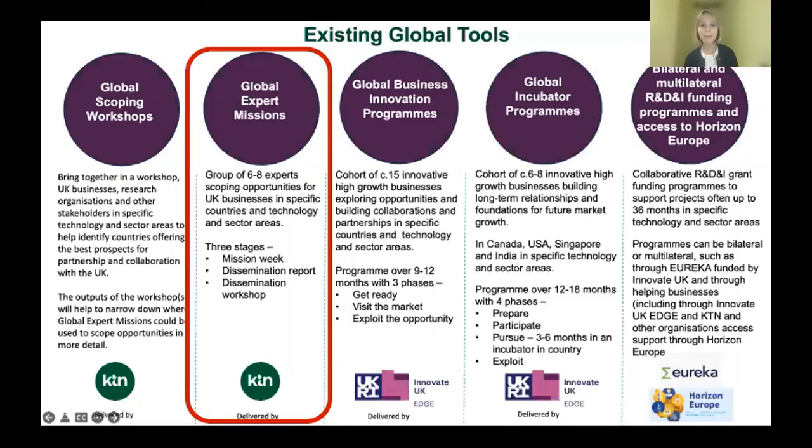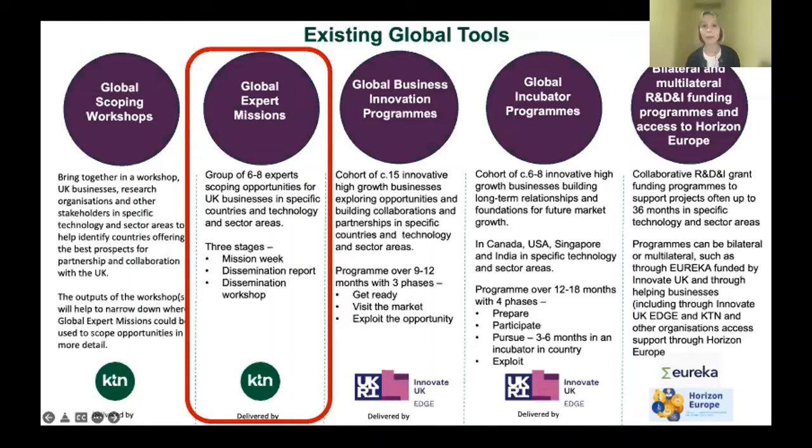Generally speaking, we tend to move from left to right. We start with global scoping workshops to identify key geographies for specific sectors based on the expertise of the UK business community. Then we'll use this information to feed into where we might want to deliver Global Expert Missions or Global Business Innovation Programmes.